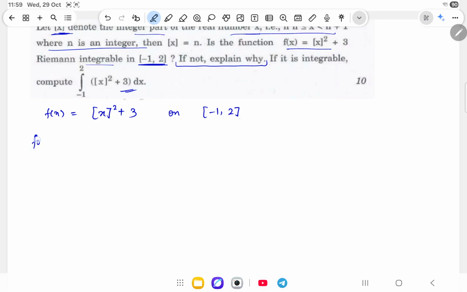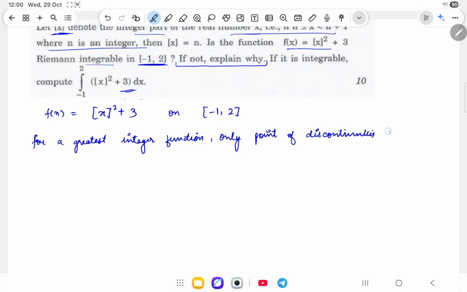So for a greatest integer function, the only points of discontinuity are at integer points.